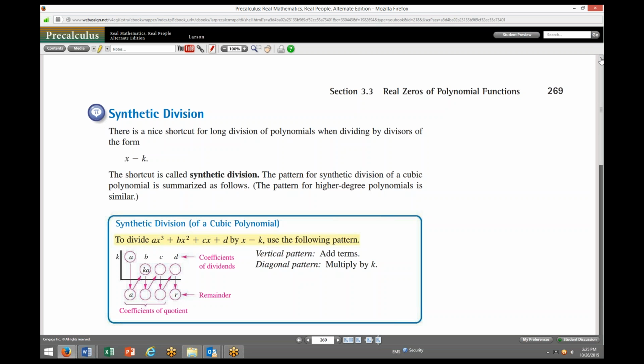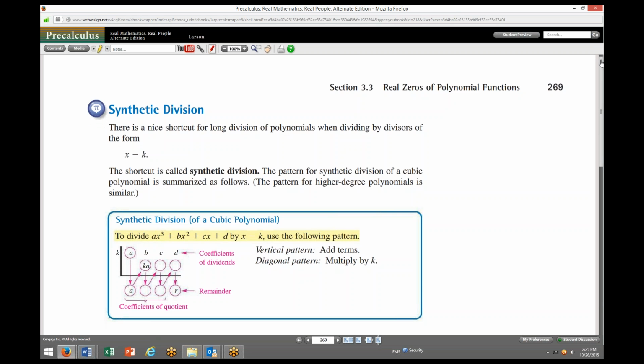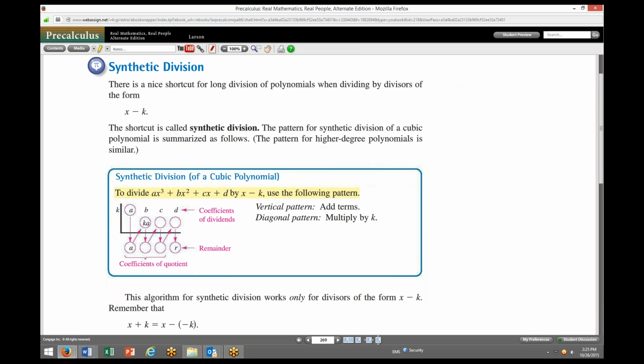Now, let's look at a shortcut for this procedure. Some of you have seen this before, but I'm guessing many perhaps have not. It is a process known as synthetic division, which somebody very cleverly came up with.